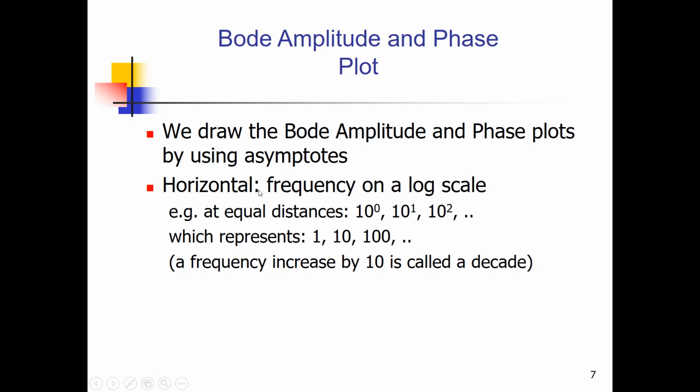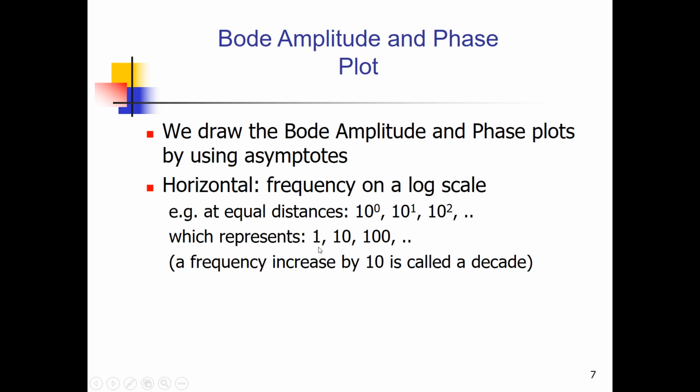As I said, on the horizontal axis, we are going to use the frequency on a log scale. So we have equal distances from 1 to 10, 10 to 100, 100 to 1000, etc. An increase by 10, which is also important, we call a decade.